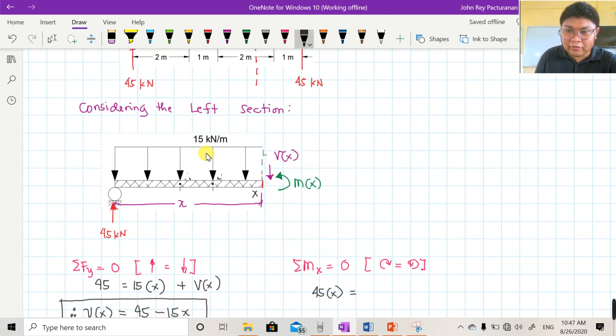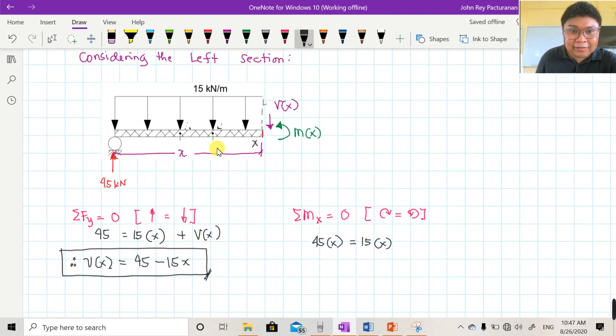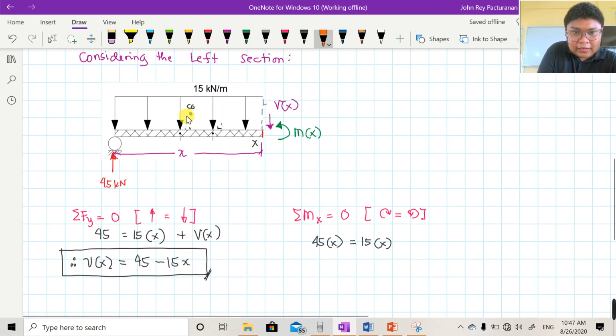now for the 15 kilonewton per meter. We know that it will be 15x, since it is counterclockwise. But remember this, the center of gravity of this, since it is just a triangle, is at x over 2, half of x. So automatically, the moment arm of this 15 times x is 1/2 of x.